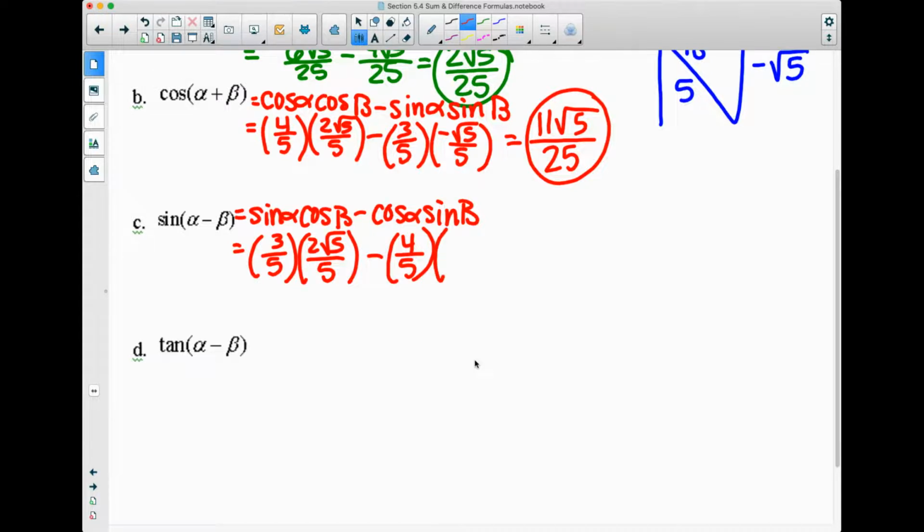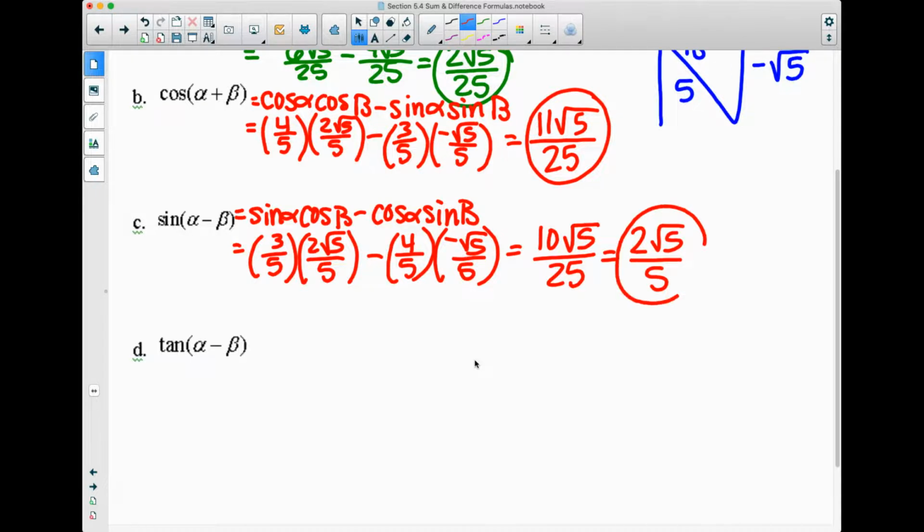And sine of beta is -√5/5. Okay, so that gets me 6√5 plus 4√5, which is 10√5 over 25, and that reduces to 2√5/5. Okay.